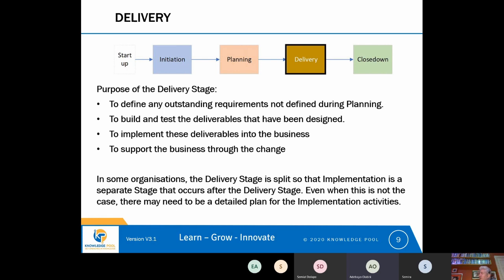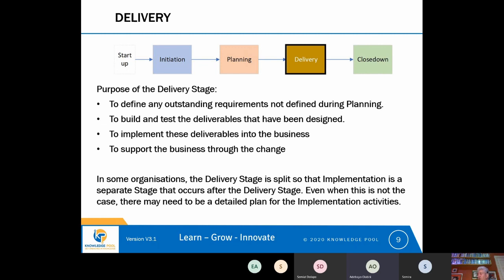The implementation actions can be very time specific. Things can need doing at a very specific time. So for example, if we've turned a new software system on, say over a weekend, we need to tell the business on Monday morning from whenever the business opens, use the new system, don't use the old system.